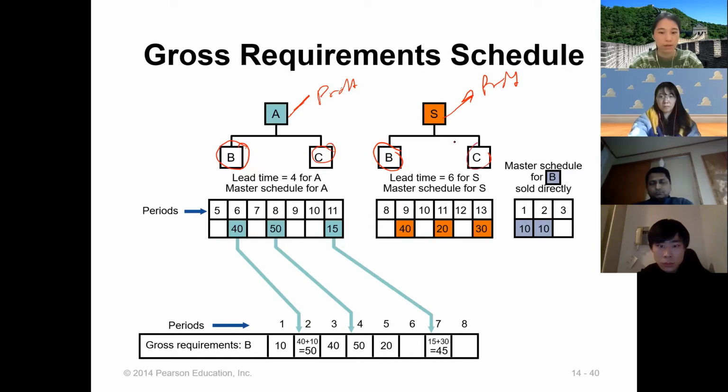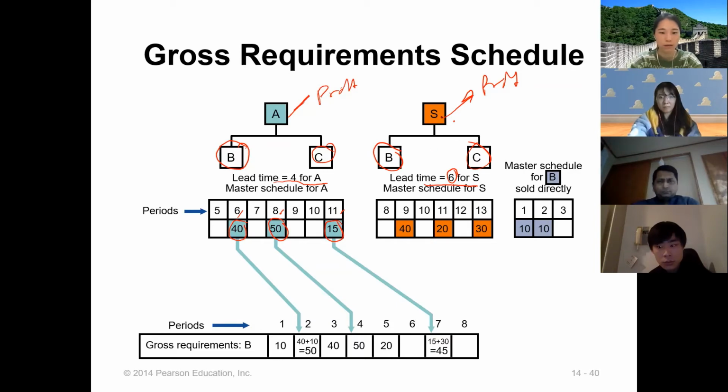C, B, C, B, C. Okay, and this is just a small part of the product structure or bill of material. So if the lead time for A is 4 weeks or 4 days, or for that matter, lead time for S is 6, and the master schedule for A is this. At period 6, you need 40, at period 8, 50, 11, so on.